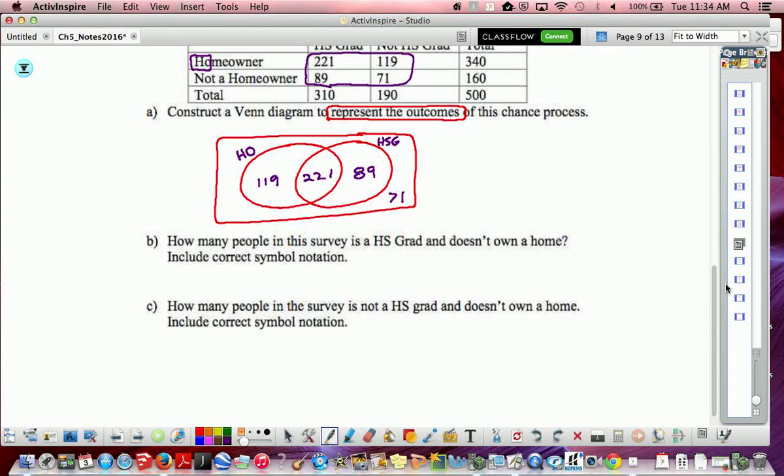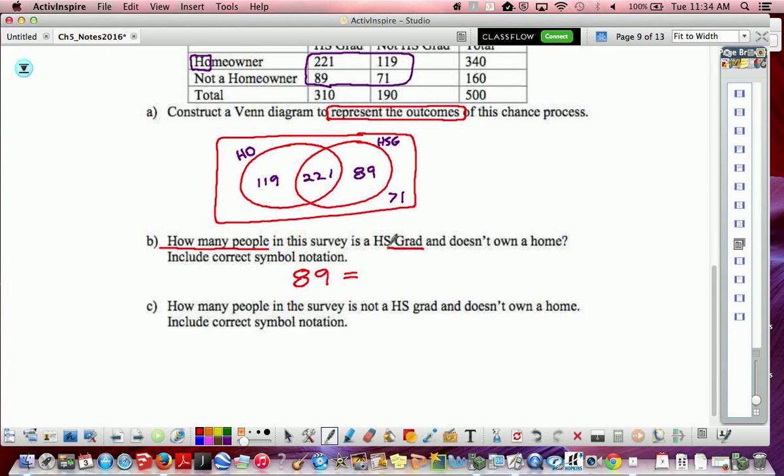So now, these questions don't ask for probabilities, but they ask how many. So how many people in the survey is a high school grad and doesn't own a home? How many is that? 89. So how do I represent that in symbol notation?